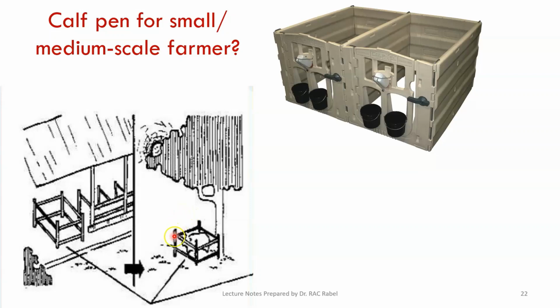So as long as you use your common sense and go with those fundamentals, you're fine. You don't have to have a posh calf pen like this, or even the one that I showed earlier with the dimensions.